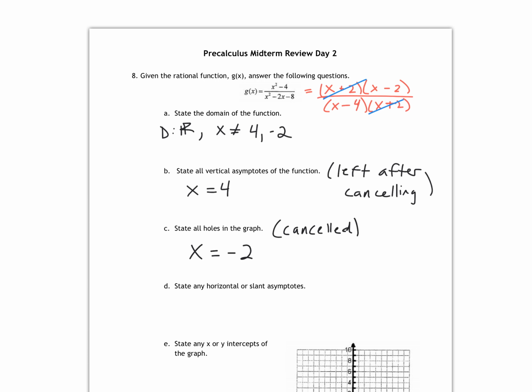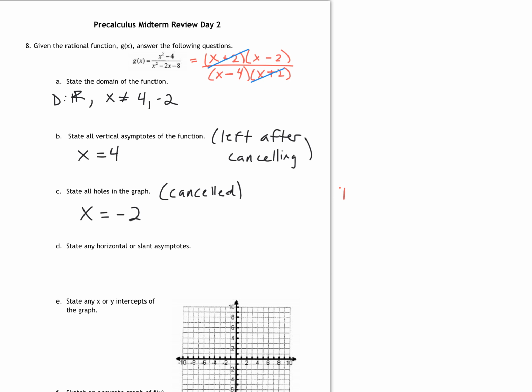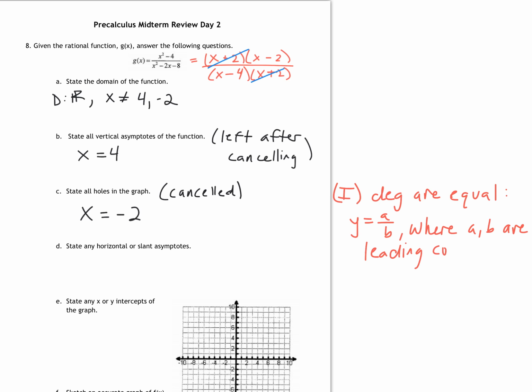Now, remember, with horizontal or slant asymptotes, I'm going to make a little note off to the side here. This is something you might want to jot down. We had the 3 situations. Situation 1, when the degrees are equal. When that happened, there was a horizontal asymptote at y equals a over b, where a and b are the leading coefficients of the top and the bottom.